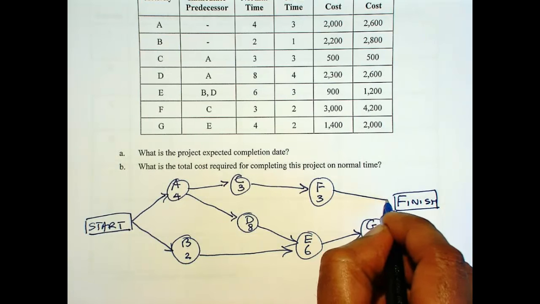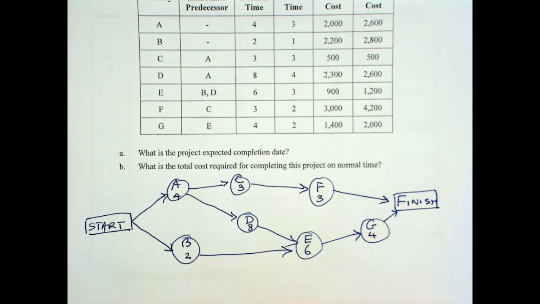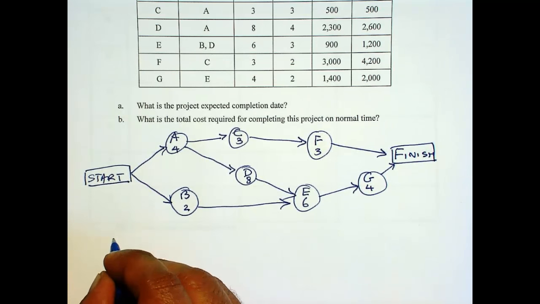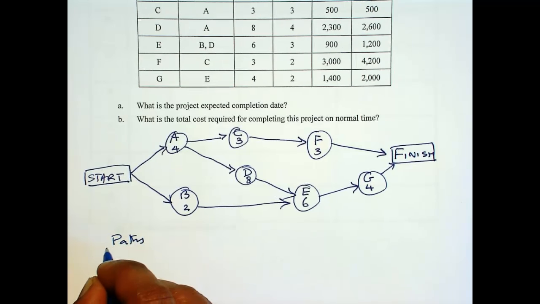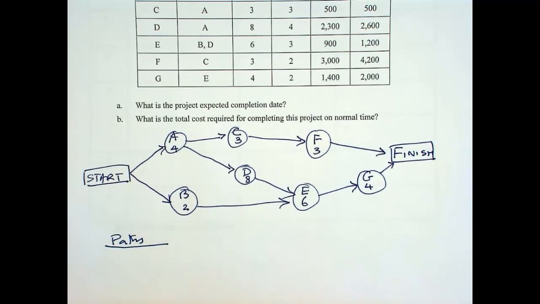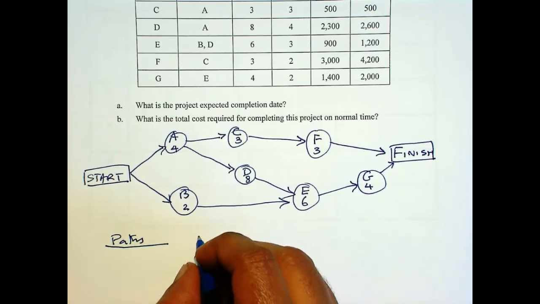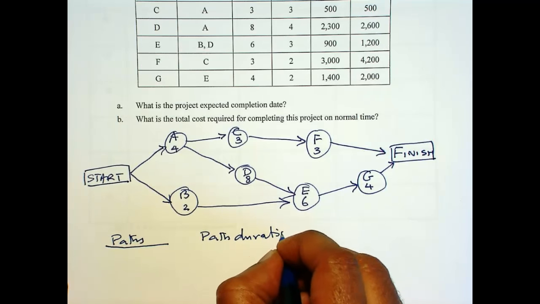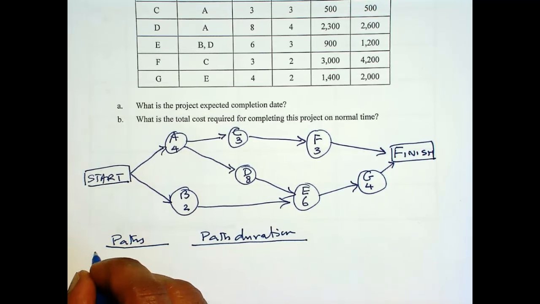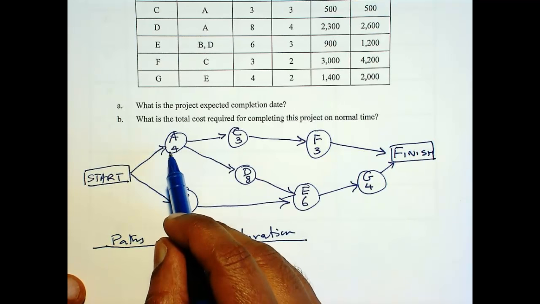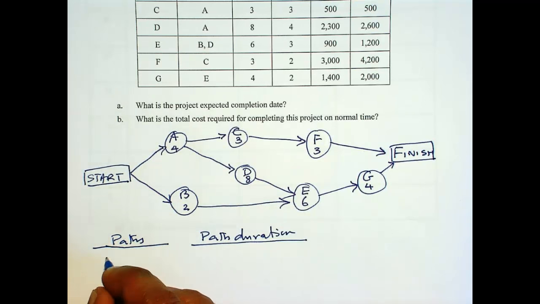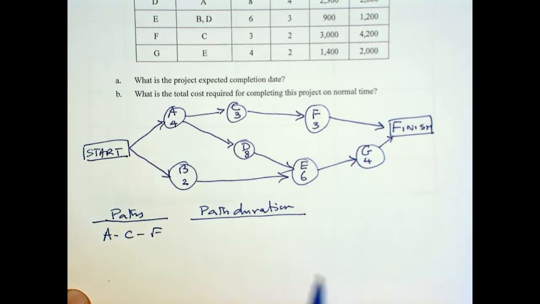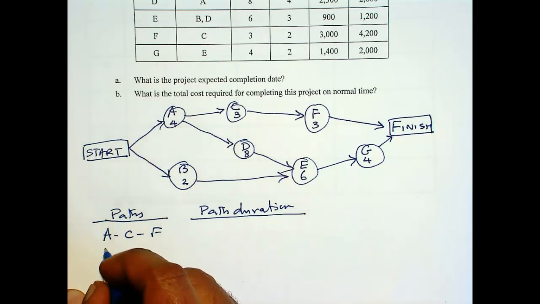Now let's look at paths. To do crashing, we need path and path duration. So first is ACF, and then ADEG, and then BEG.